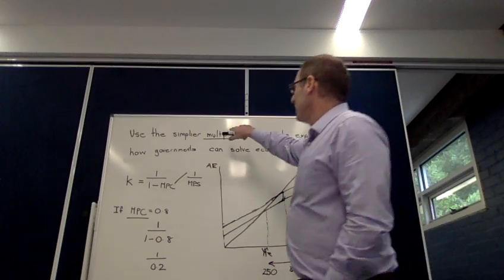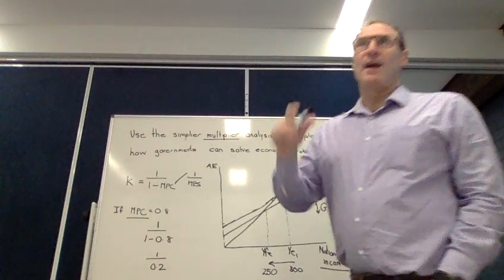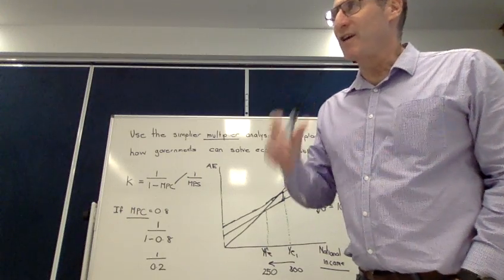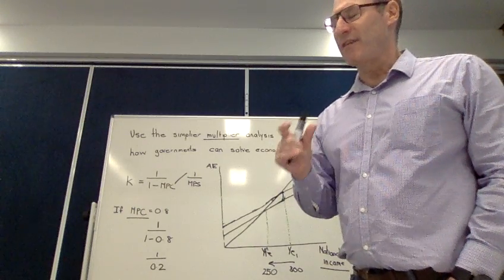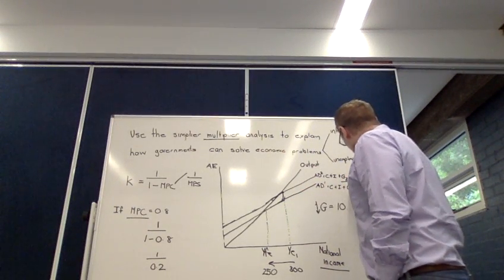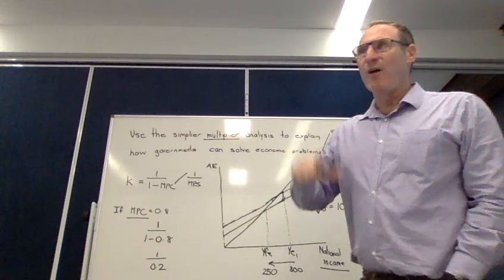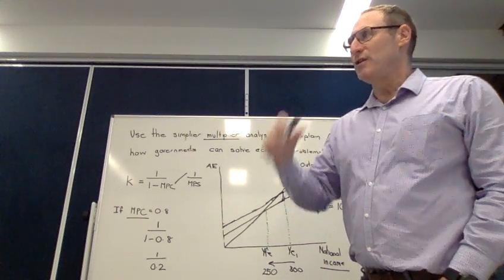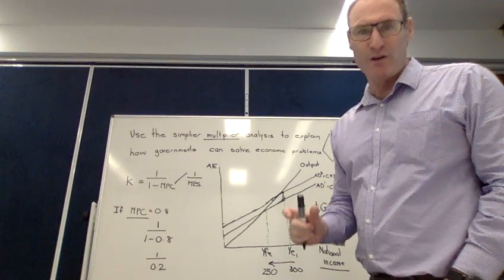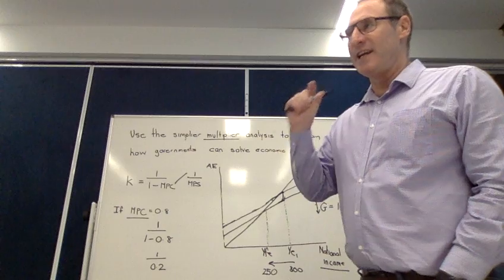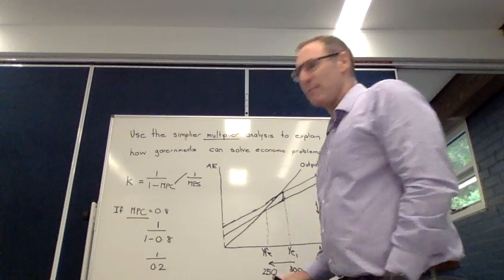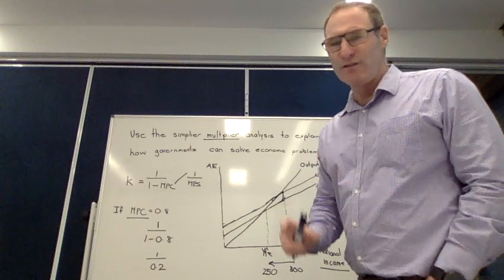So it's the simple multiplier, the greater than proportional increase in national income due to an increase in any of the components of aggregate demand. And in this case, we're talking about government spending. So how government spending can be used to achieve full employment or shift the aggregate demand curve, as we explained in the rationale video, to try and achieve full employment equilibrium. The government doesn't have to use the full amount.